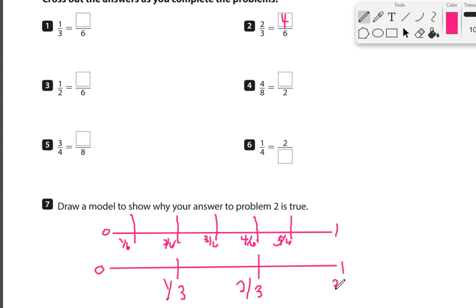And we know this is really 3/3. I forgot to label my ones. And this is really 6/6 because we have all the pieces when we're at one whole. All right, 2/3 is right here. And we have 4/6 right here. And as we can see, they line up perfectly on the number line. They are equivalent. They're just different size pieces, but together you have the same amount.